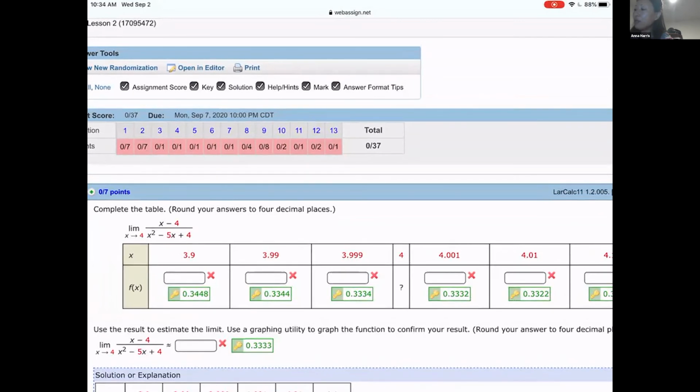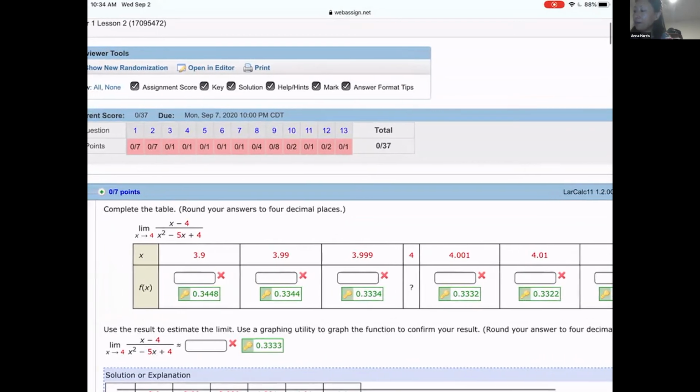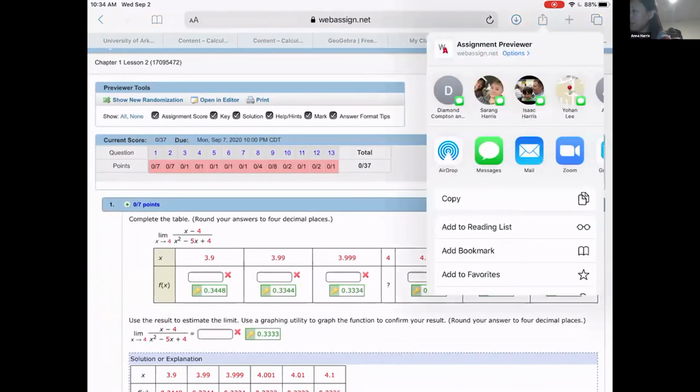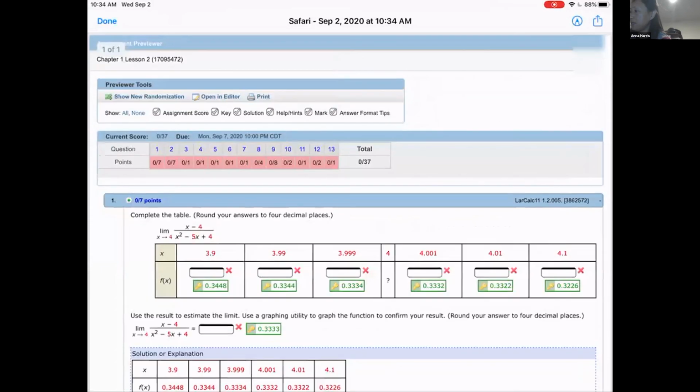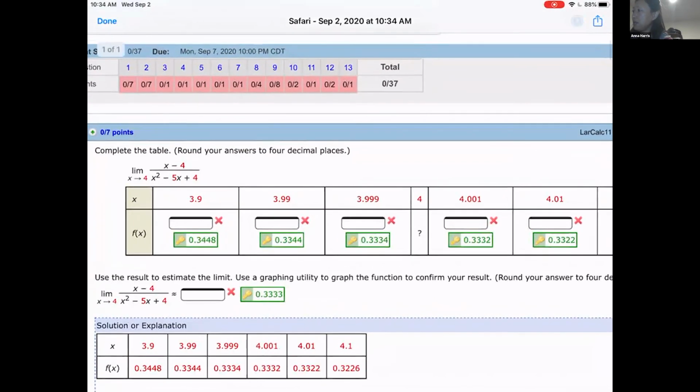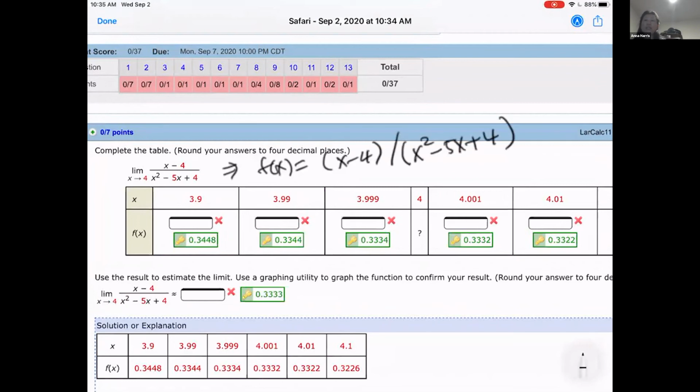This is how you have to put it in your calculator: f of x equals, put parentheses, x minus 4 divided by parentheses, x squared minus 5x plus 4. That's how you have to put it in.